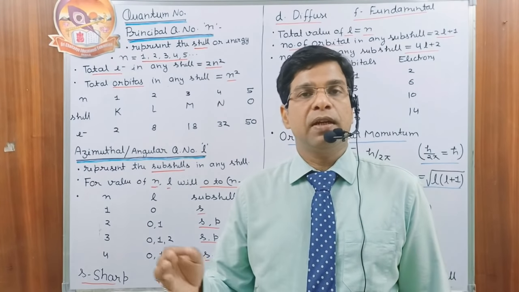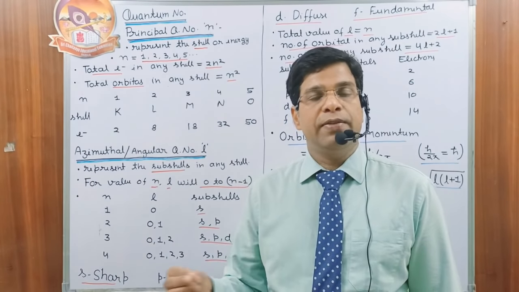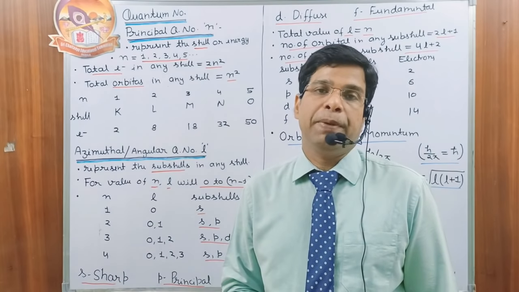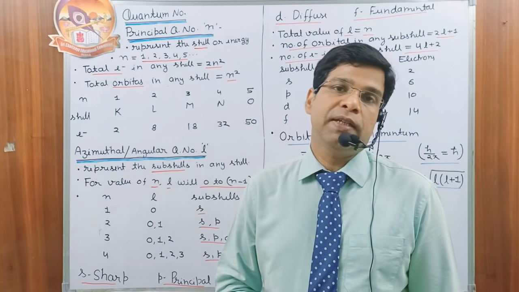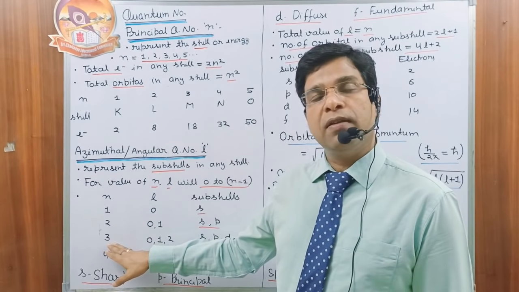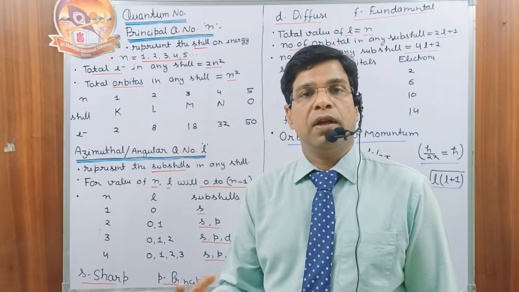l equal to 0 represents the s subshell, l equal to 1 represents the p subshell, and l equal to 2 represents the d subshell. It means in the third shell we have three subshells s, p, d.